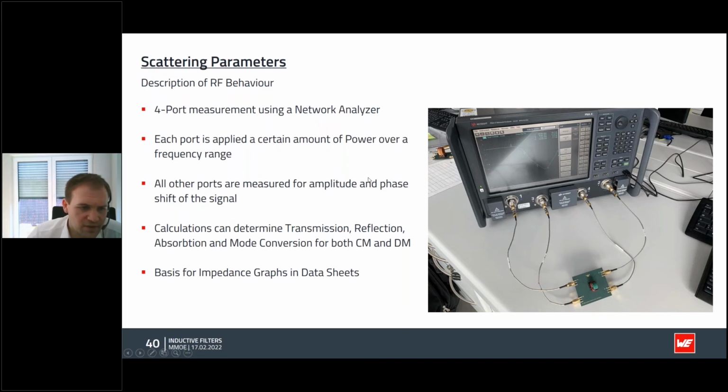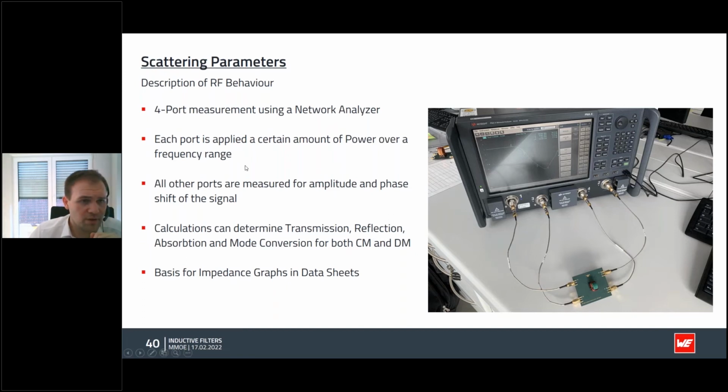And with a little bit of calculation in the background, we can then determine the transmission, reflection, and absorption of the common mode and the differential mode, and also the mode conversion. So how much of the common mode signal will be converted to a differential mode signal, really affecting our useful signal, and how much of the differential mode signal will be converted to a common mode signal, which will then lead to radiated transmissions.